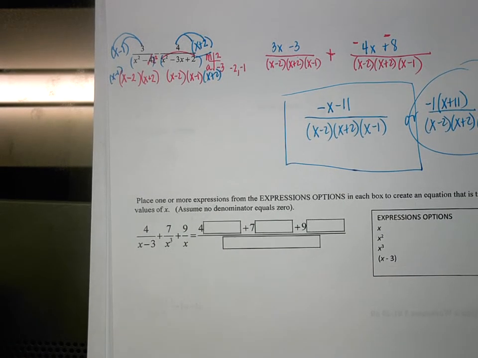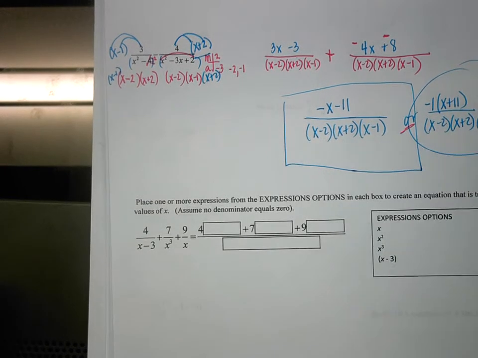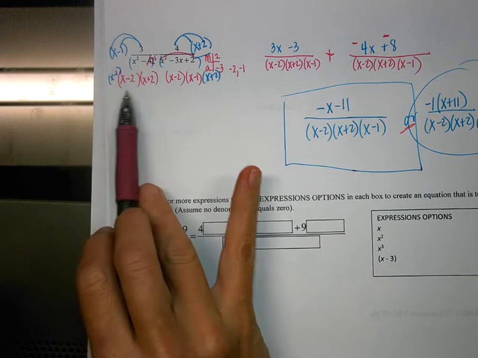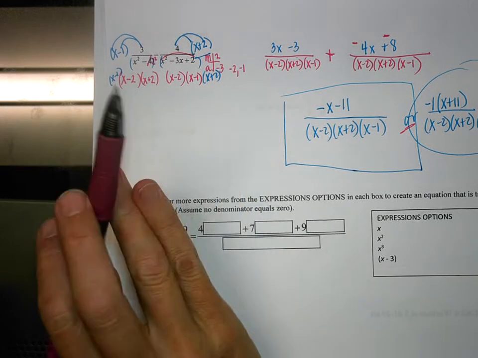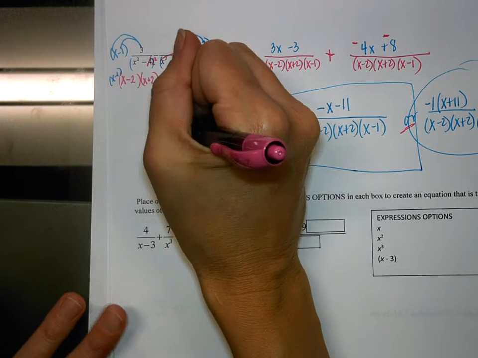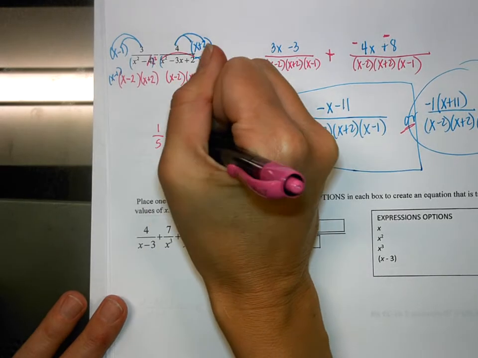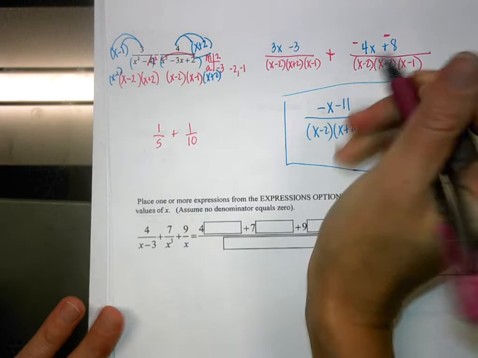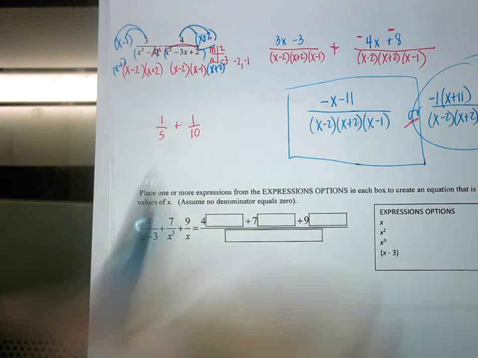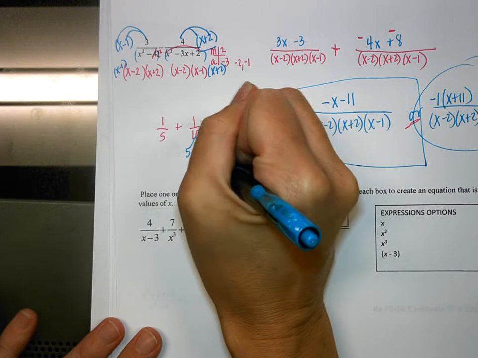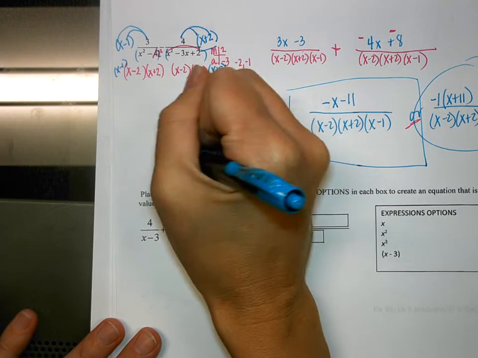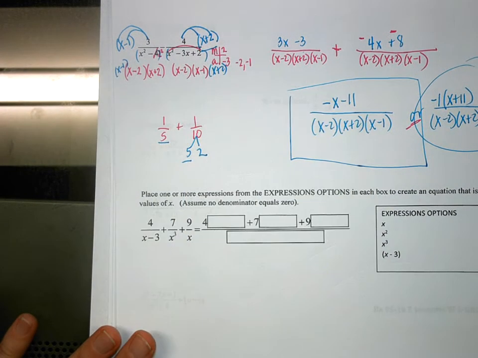Yes. X minus 2 squared. Because, you know how when we had 1 over 5 plus 1 over 10? 10 is really 5 times 2. So for our denominator, we just took a 5 and then we also took a 2.